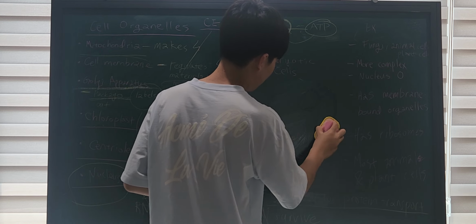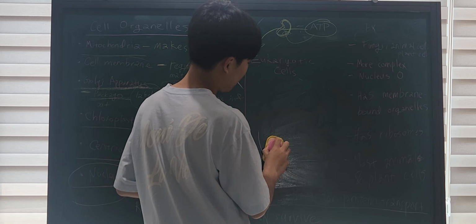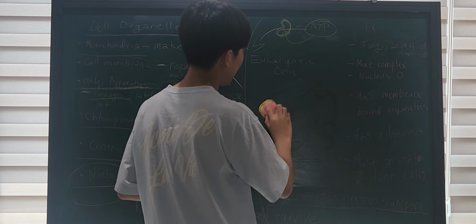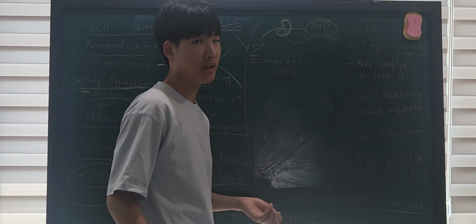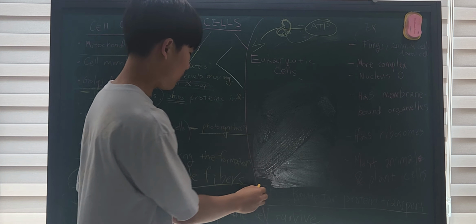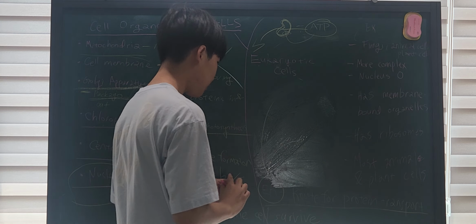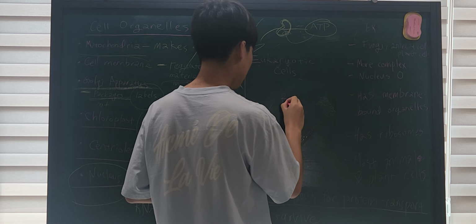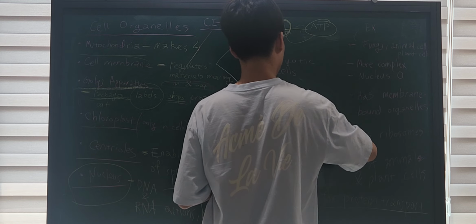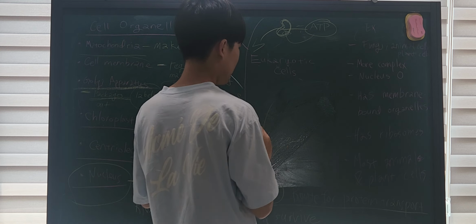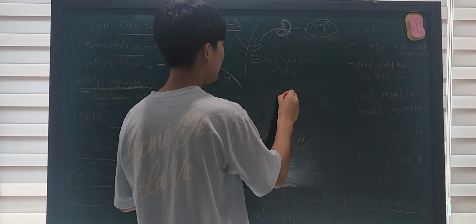The endoplasmic reticulum also plays a crucial role when protein synthesis happens. Protein synthesis means making proteins. The endoplasmic reticulum is divided into 2 parts. One is called a rough ER.